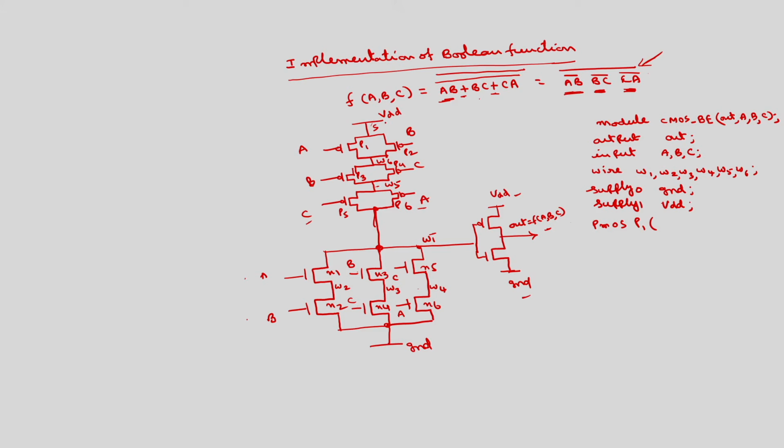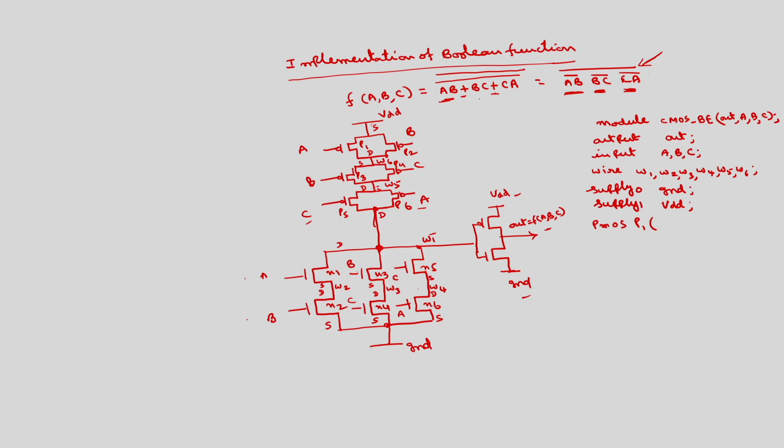This is the source, this is the drain of P1 and P2; this is the source, this is the drain of P3 and P4; this is the source, this is the drain of P5 and P6. Similarly, these are the sources of N2, N4, N6, and these are the drains; these are the sources of N1, N3, N5, and these are the drains.